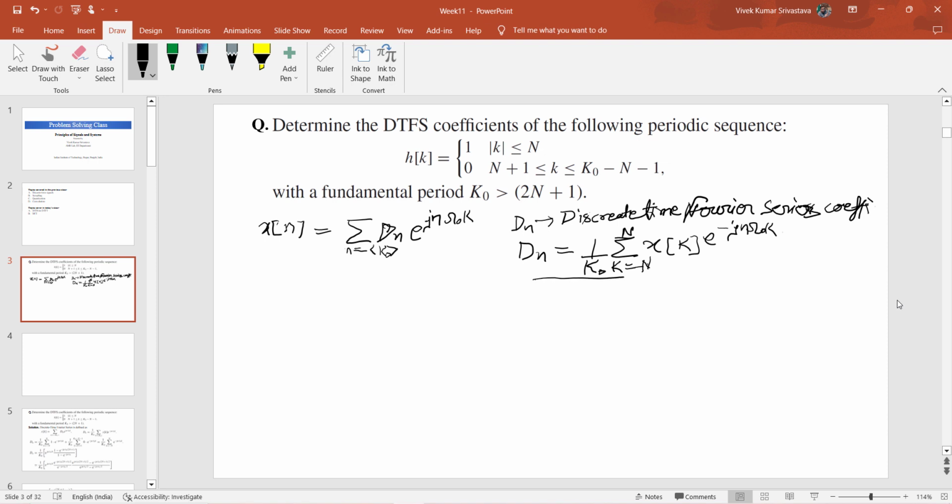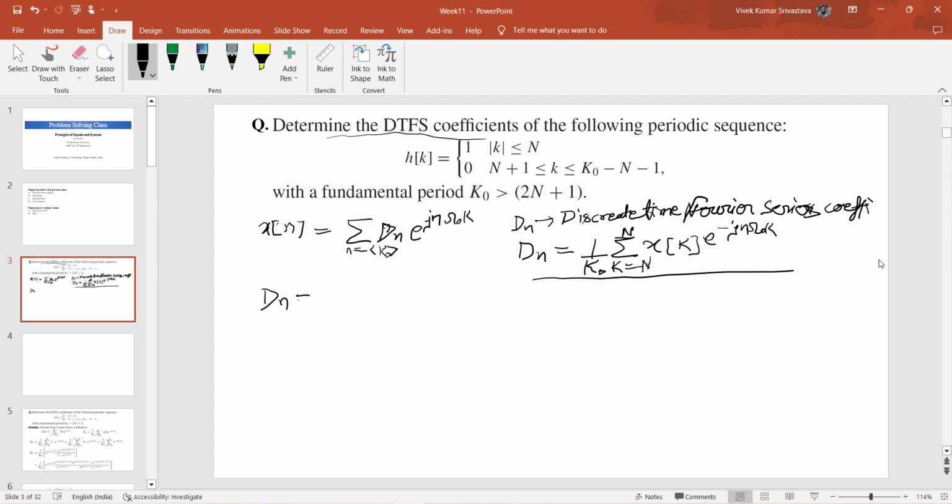By using this expression we can evaluate the discrete time Fourier series coefficient. Corresponding to this question, x of k is given to us, which is h of k here. So let us proceed and solve this.